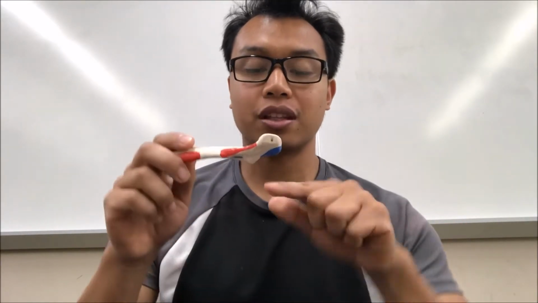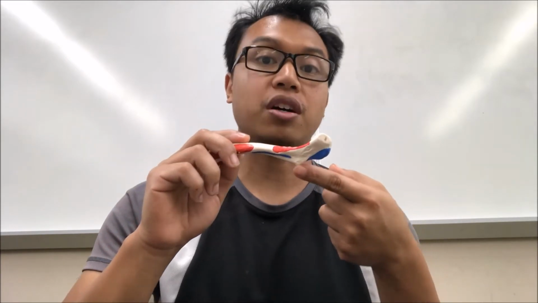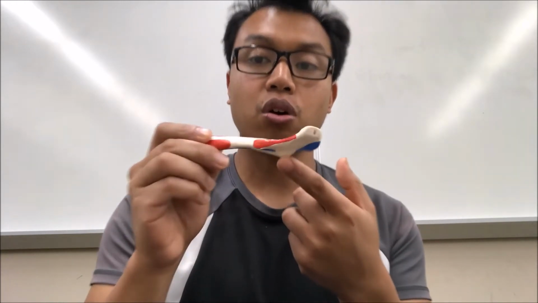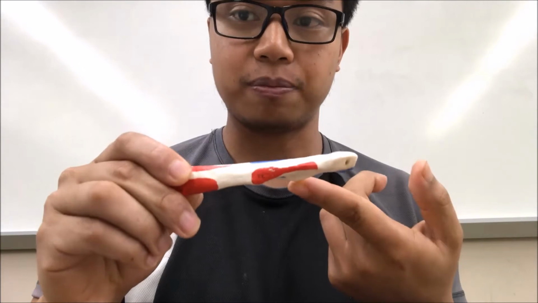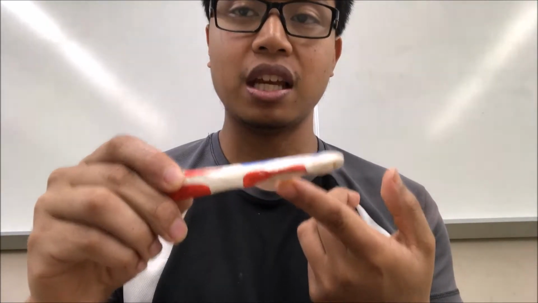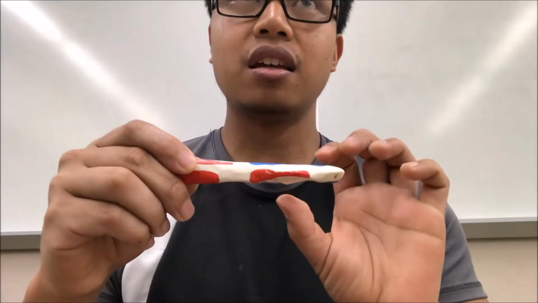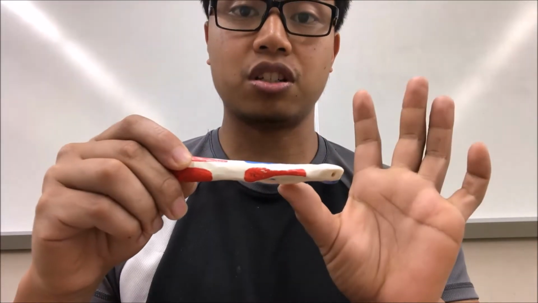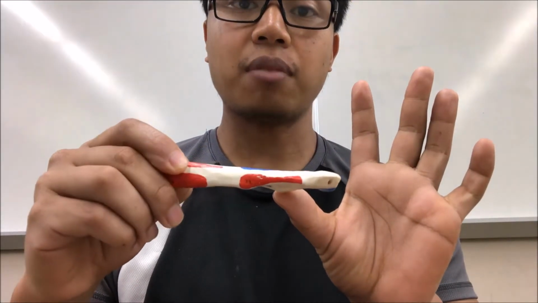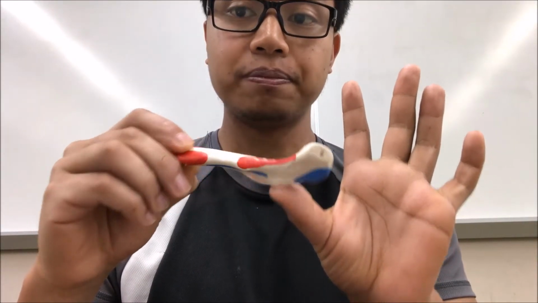One way I remember that this is the conoid process is that the clavicle is the smallest bone that we are studying, and conoid is a smaller word than coracoid and coronoid. So the conoid process right here will always be in the inferior and posterior position.